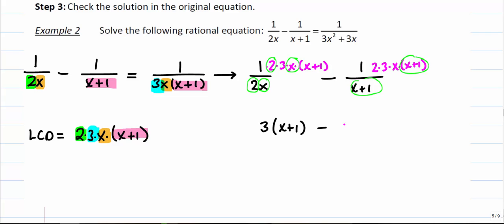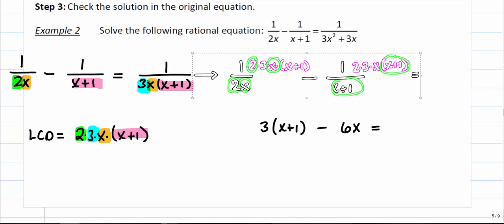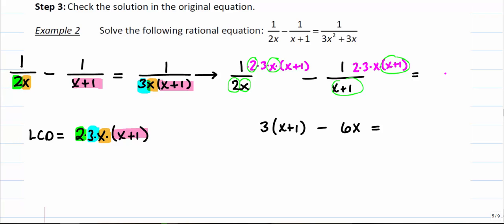But what is 2 times 3 times x? Well, that's just 6x. And then equals 1 over 3x times x plus 1. And so here, when I multiply, everything is going to cancel except for the 2.